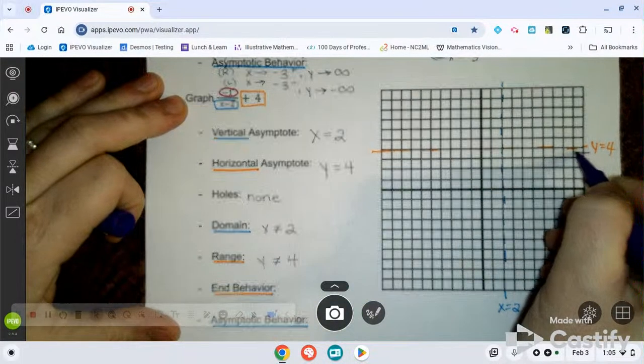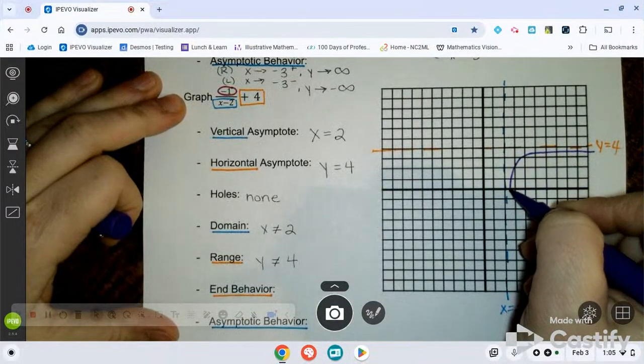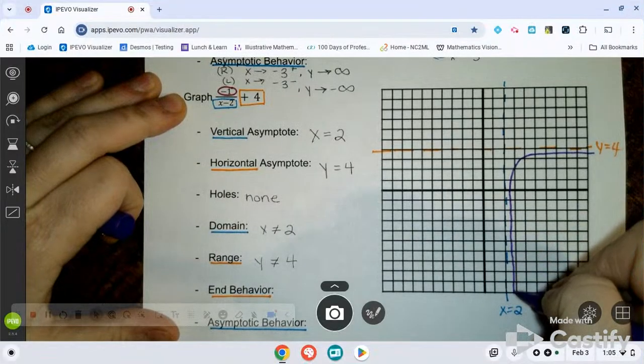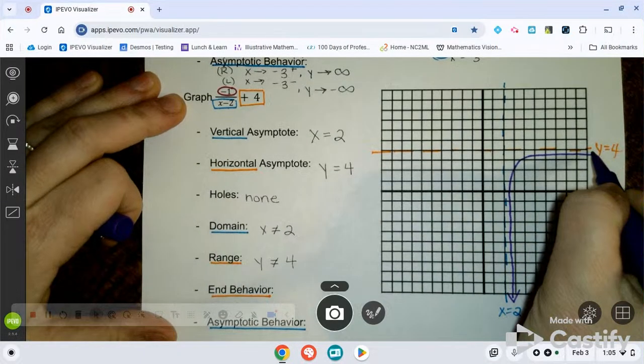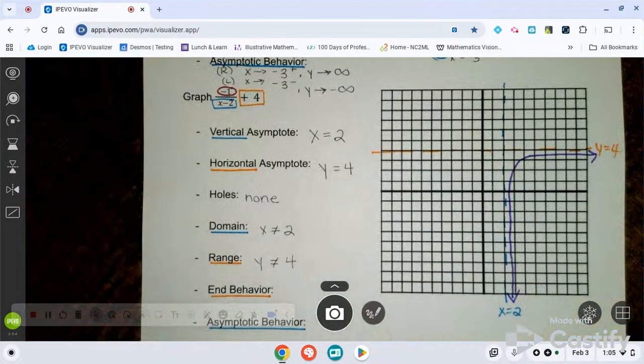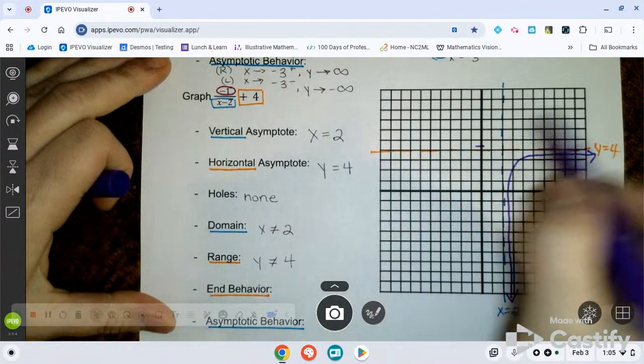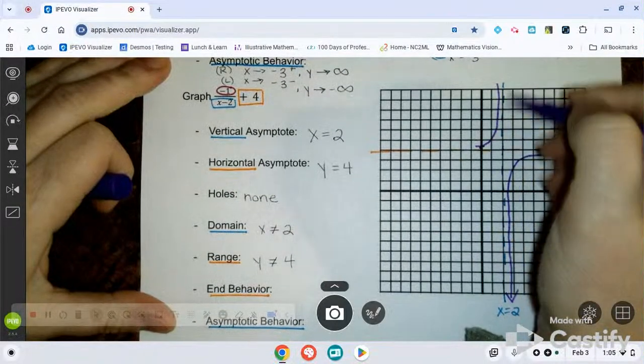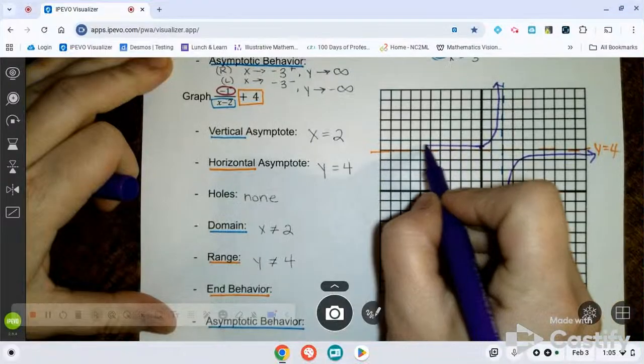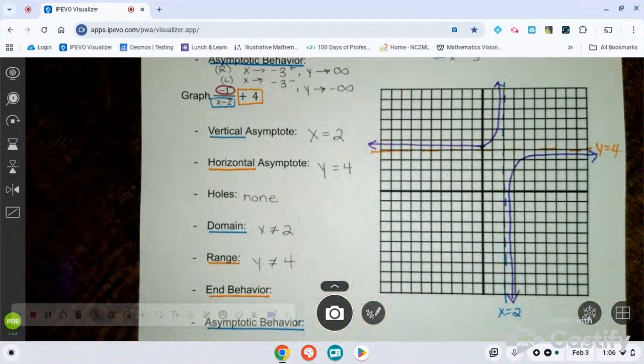And again, I did check my x and y intercepts ahead of time in Desmos, and these do happen to be crossing very close to our asymptotes. So this is what our graph would look like in this case.